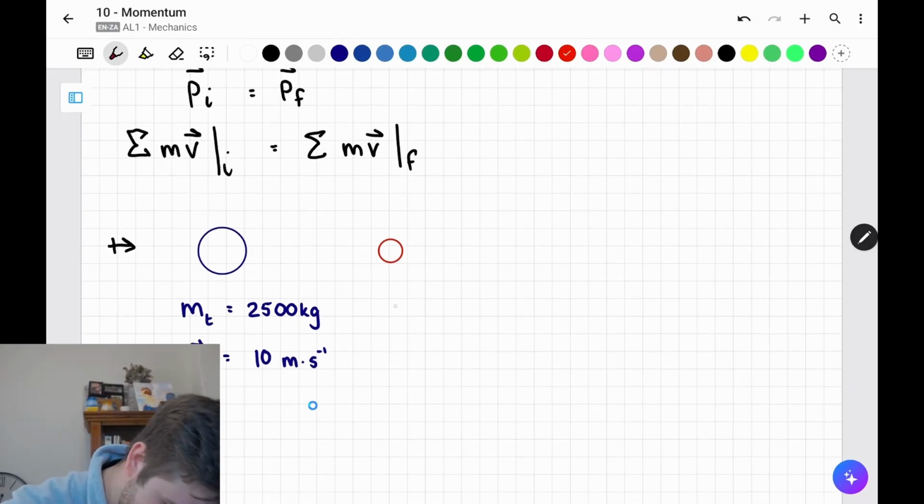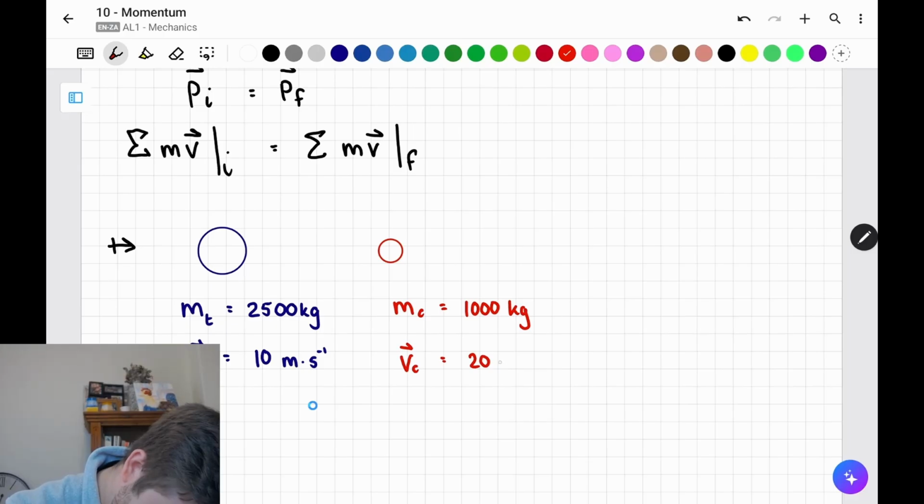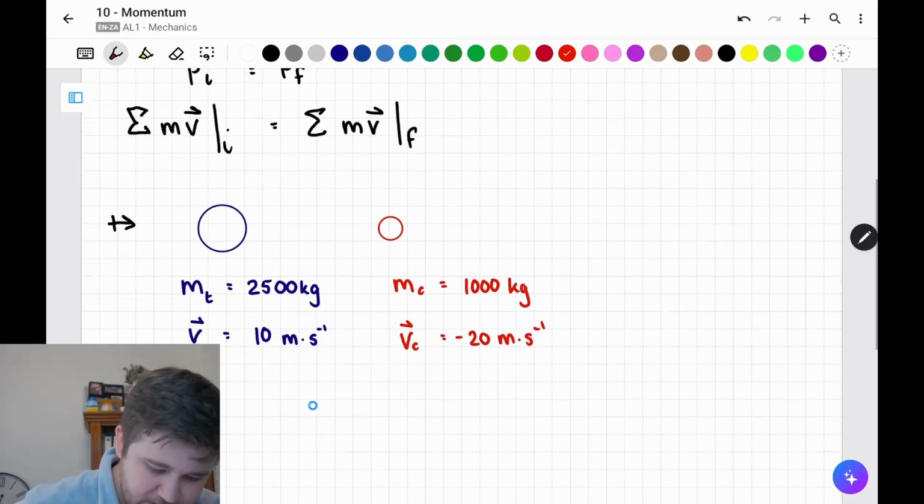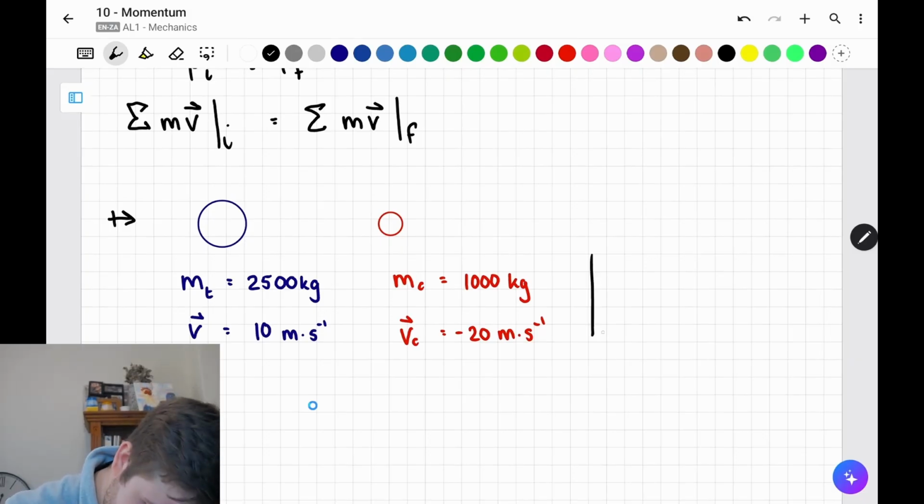Furthermore, we know the mass of the car being 1 ton, 1,000 kilograms, and its velocity being 20 meters per second to the left. This is my initial case. Okay, so here my truck is traveling to the right and my car is traveling to the left.